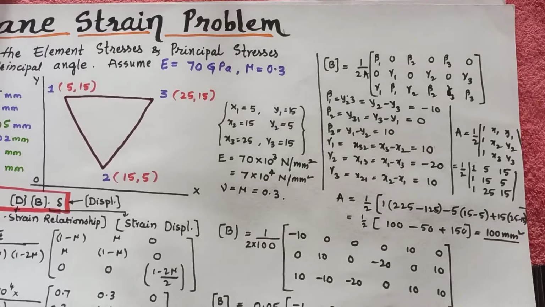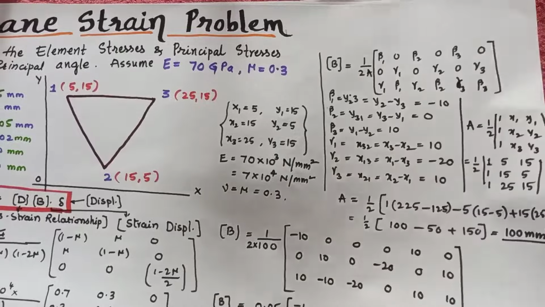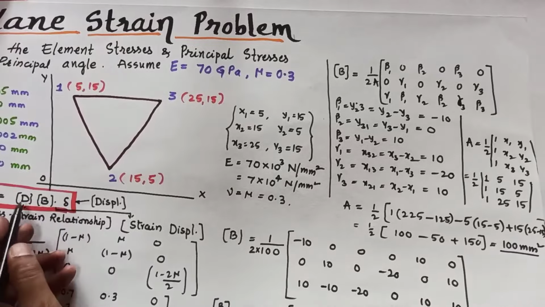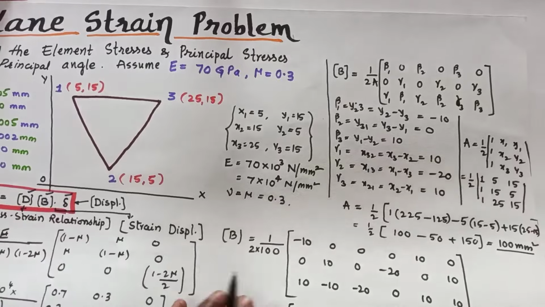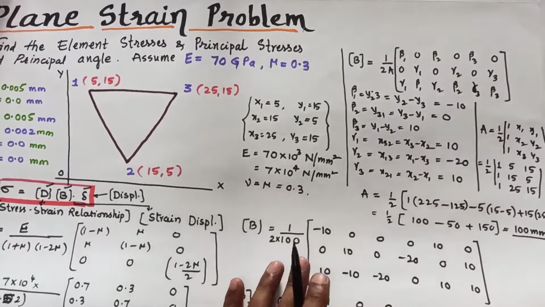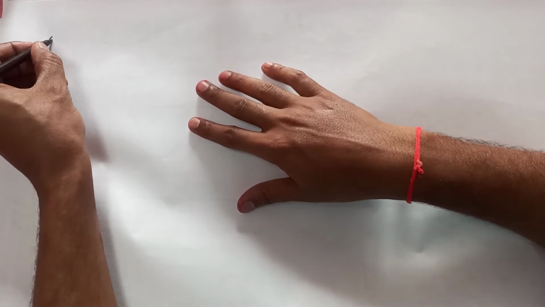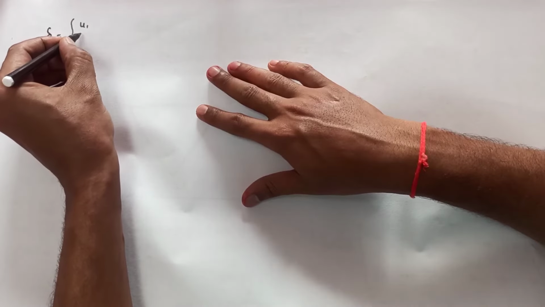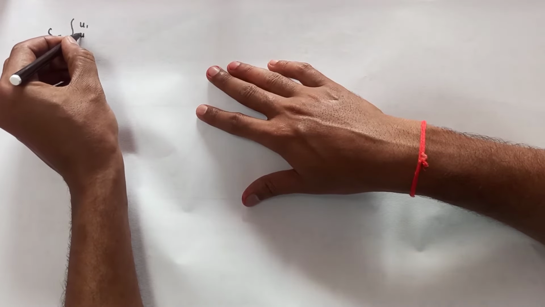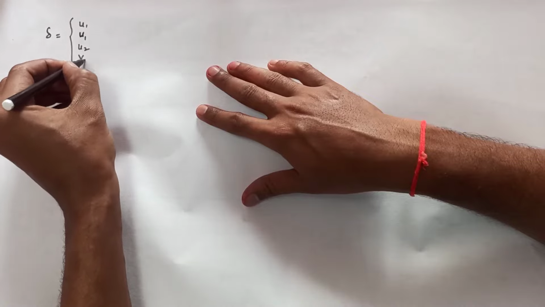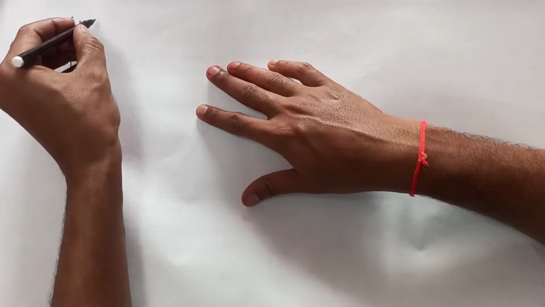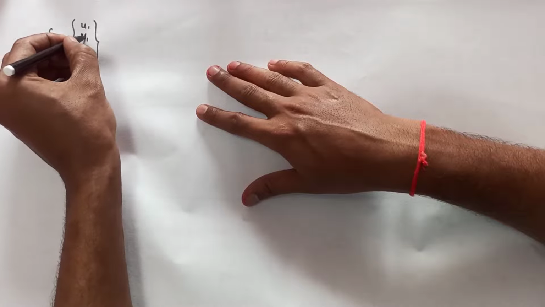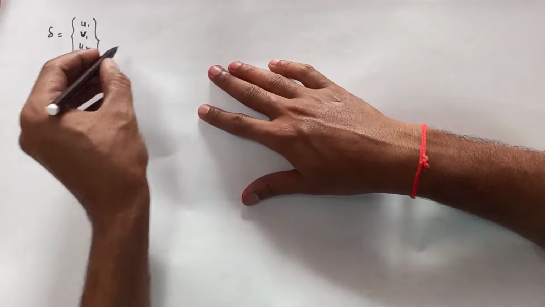Okay, now after that you need to go for calculating the displacement matrix. So D is over, B is over, now displacement. The displacement matrix, that is delta, is equal to U1, V1, U2, V2, U3, V3. It is at node 1 U1 V1, at node 2 U2 V2, at node 3 U3 V3.